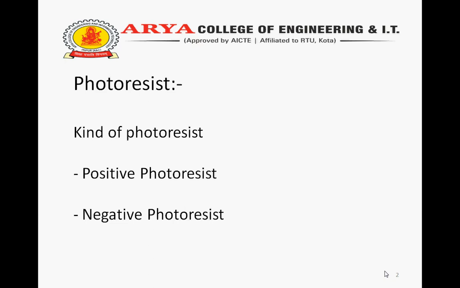While negative photoresist responds in the opposite manner, the unexposed region dissolves more quickly during the development process, while the exposed region remains unchanged. Positive photoresists have the best resolution and therefore they are much more popular for IC fabrication.